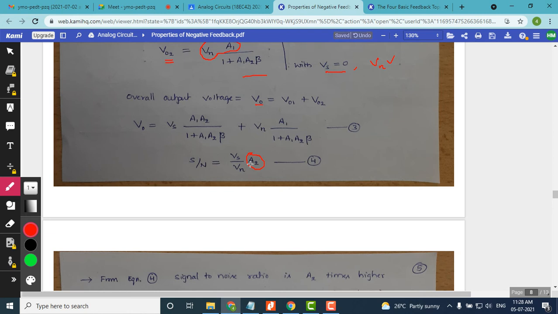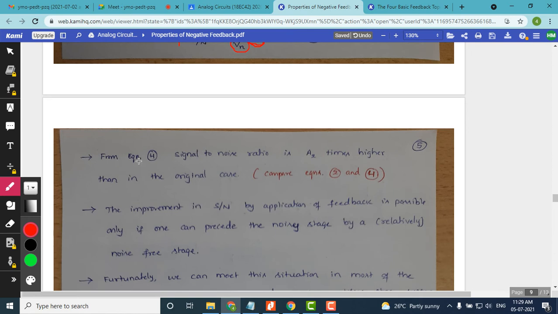Since A2 gets multiplied with Vs, the overall signal component becomes larger, having the same noise value. Therefore, the signal to noise ratio increases. From equation 4, the signal to noise ratio is A2 times higher than the original case.